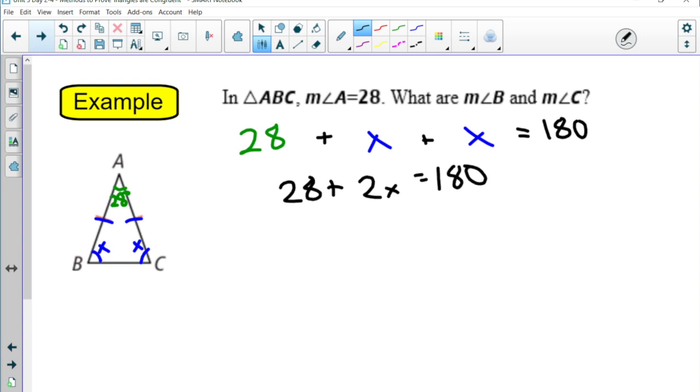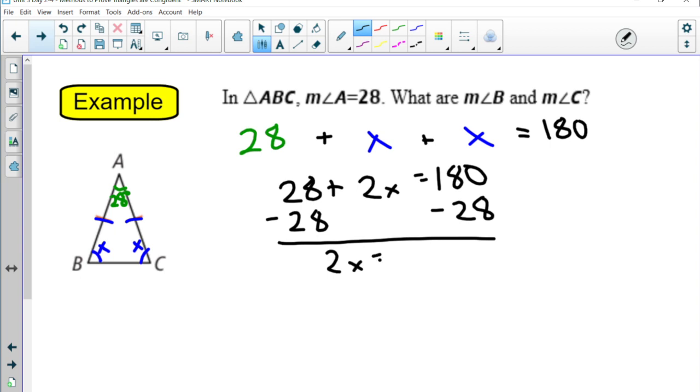So then I can go through the process of solving. Subtract, divide, and get my answer. So 2X equals 152. So then I can divide by 2 to get rid of the multiplying, and that will give me X equaling 76.